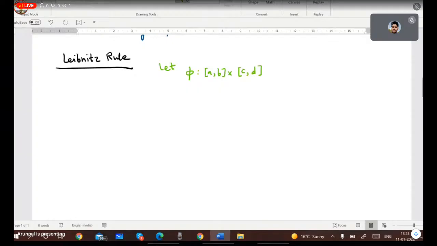As you can see, geometrically this is nothing but a rectangle in the xy plane. So let phi be a function going from here into C, and suppose it is continuous.